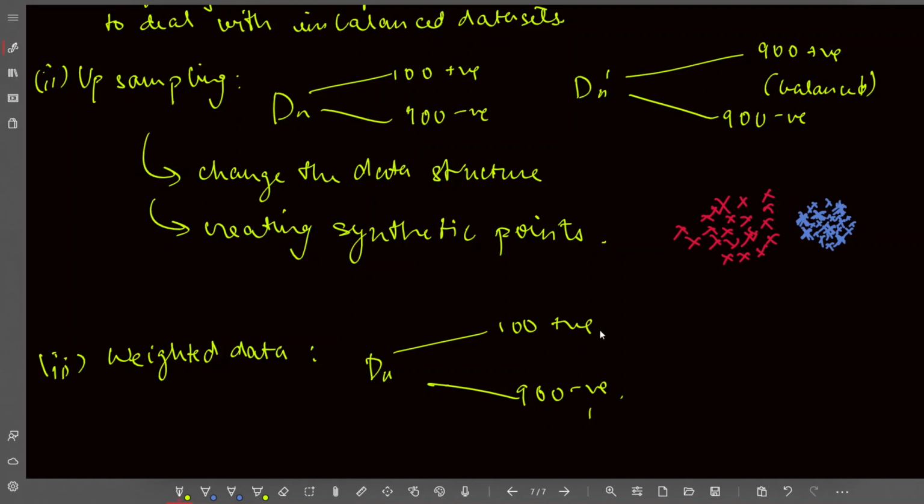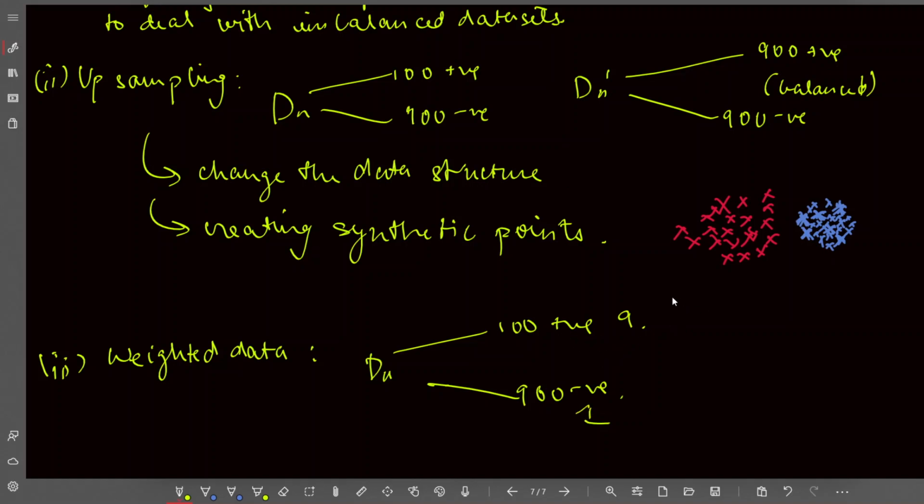And each of these positive points would have a weight of 9. So even if I take some classification technique like KNN, I would give the positive point a weight of 9 and a negative point a weight of 1. This is similar to upsampling on top of each other, upsampling data points on top of one another. So that is weighted data.